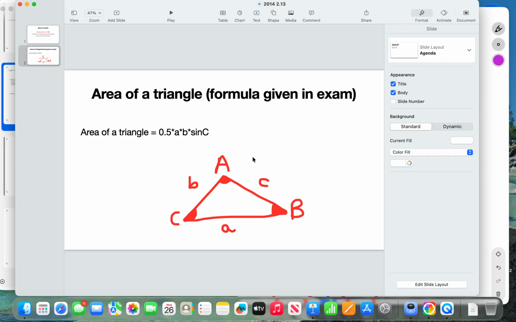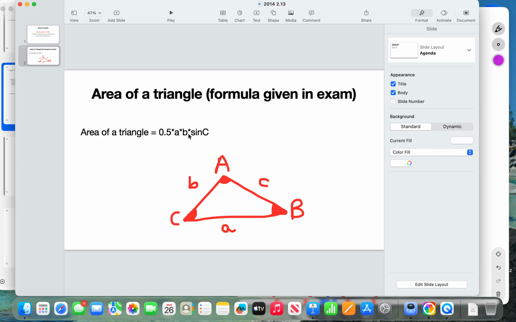And what we mean by that is, if you look at the image, this shows what we mean by A, B, and C. So the small letters signify the sides. The capitals signify the angles, and capital B is the angle opposite the side B. Angle C is opposite side C, and so on.